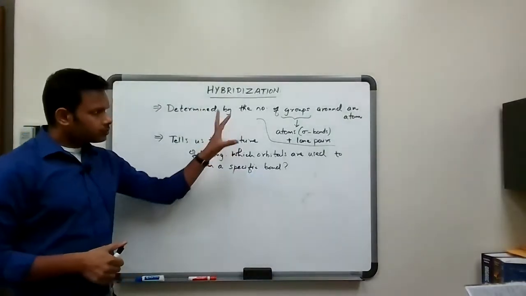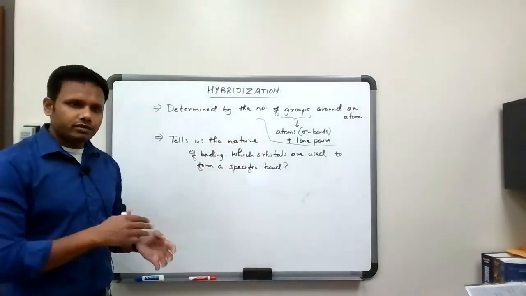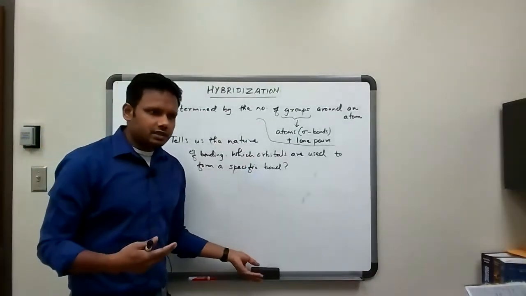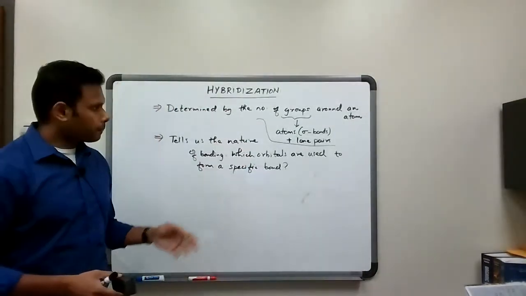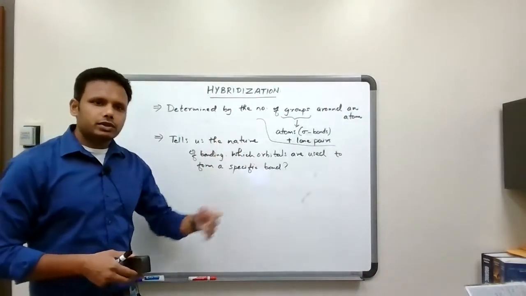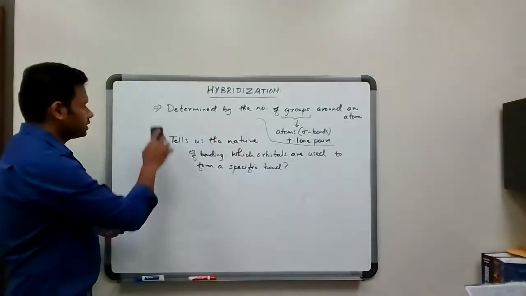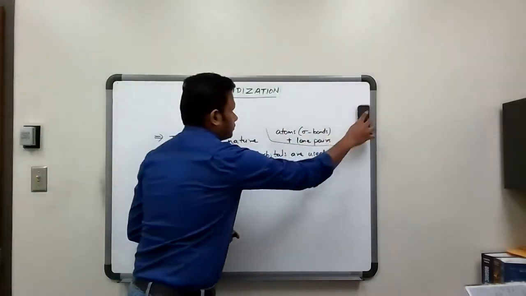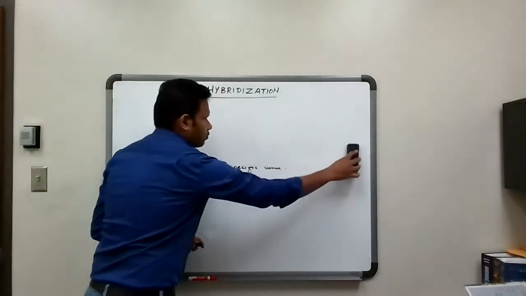So that's sort of like a preview. Let's go into some of the details. I'm going to discuss the sp3 hybridization first, and then we'll go into sp2 and sp hybridizations. We'll also talk about why this is important.